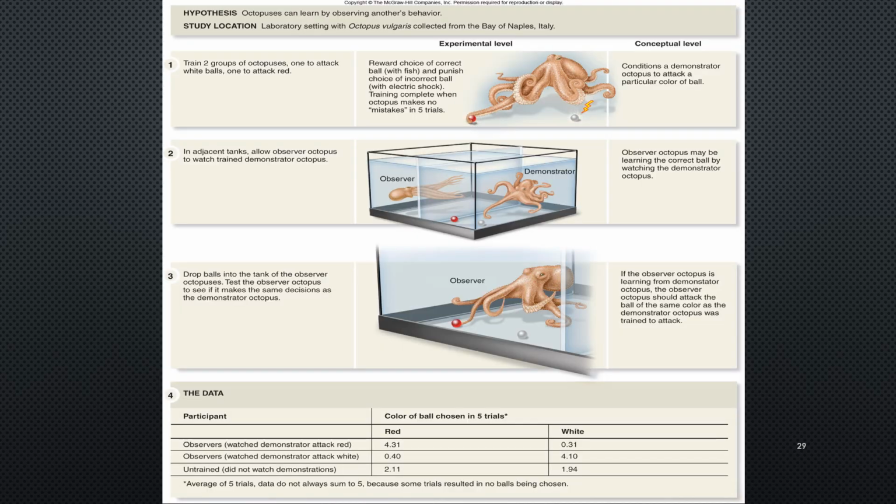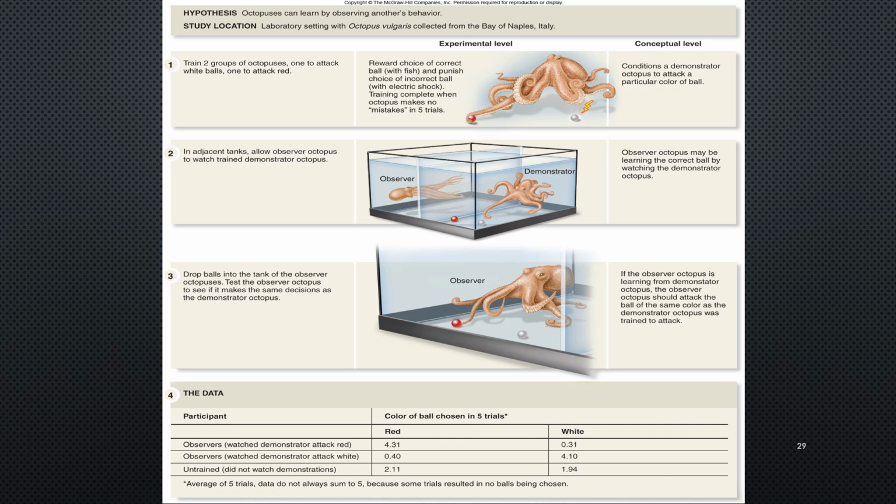So this is just one study whose results really do demonstrate how intelligent an octopus can be. They basically trained two groups of octopi, one to attack a white ball and one to attack a red ball.